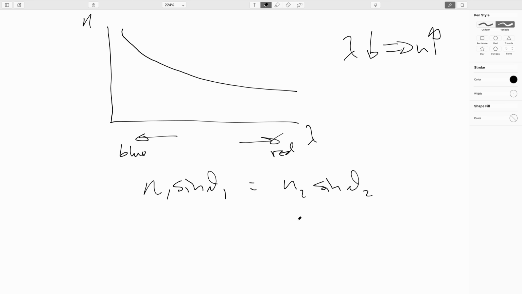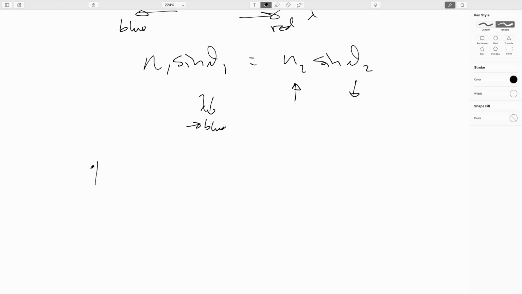For blue light, the wavelength is dropping down, and that means that the index of refraction is higher than it would be, say, for red. But the product of N2 and sine theta 2 still has to be the same regardless of whether we're talking red or blue. So for blue, N2 is higher. That makes theta 2 have to go down.